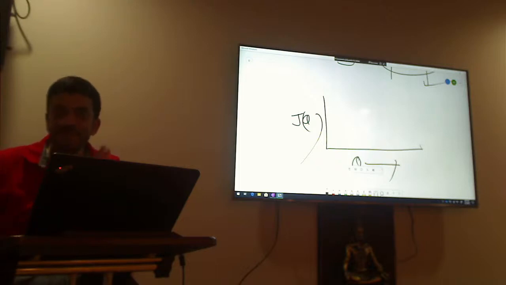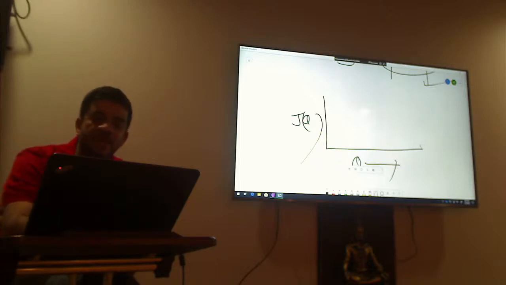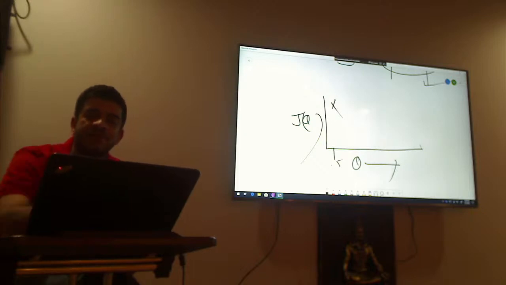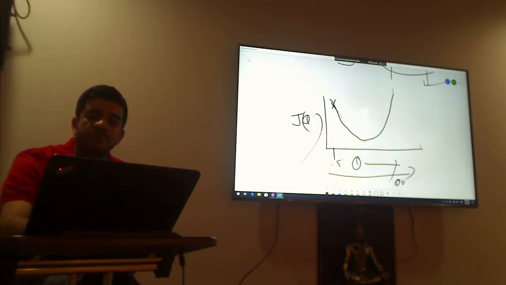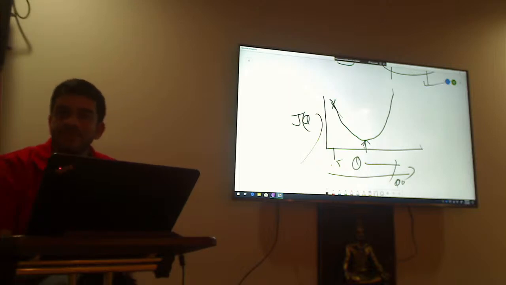Remember we said that. So let's say that when the value of theta was 0.5, the cost function is this. And what do you do? You try to change the value of theta. It comes here and it goes here. So first you wanted to find out the value of theta 0. So you want to find this value. This is the optimal theta value, right?